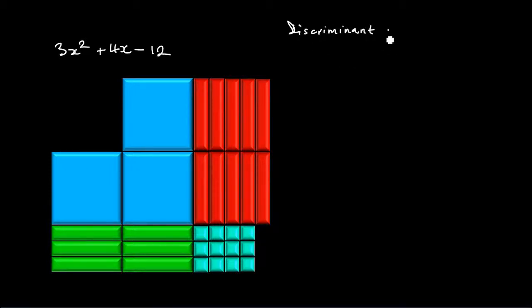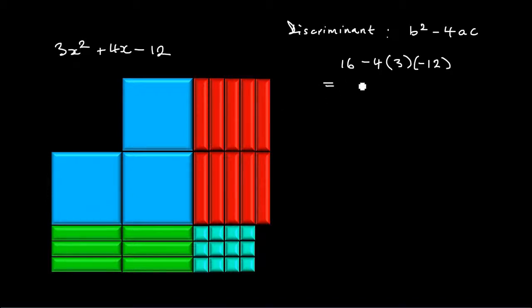So we've got the discriminant is b squared minus 4ac. Okay, so now we just plug in our values. So b is 4, so b squared is 4 squared, which is 16. So we have 16 minus 4 times a, which is 3, so times 3, and c is negative 12.